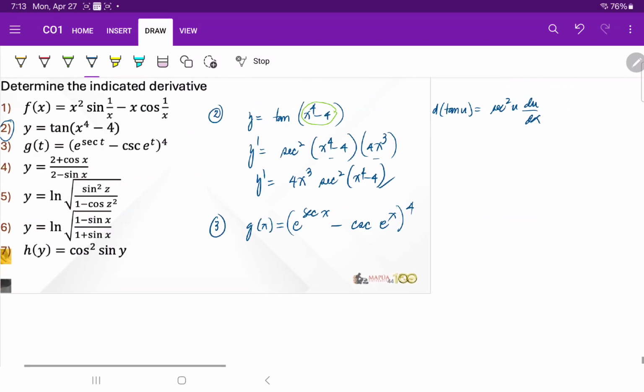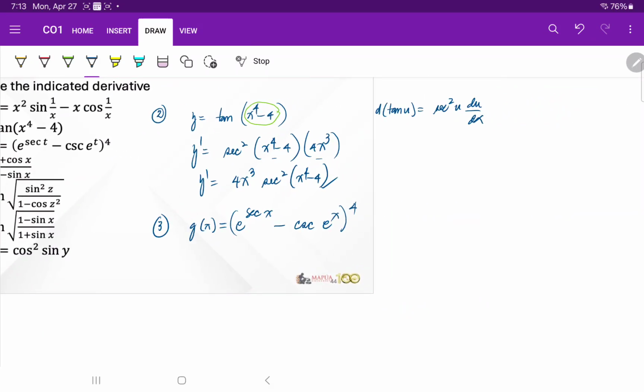So what formula will you use first for this one? We use here the derivative of u to the n, which is n u to the n minus 1 du dx. Because here, this is u to the n.